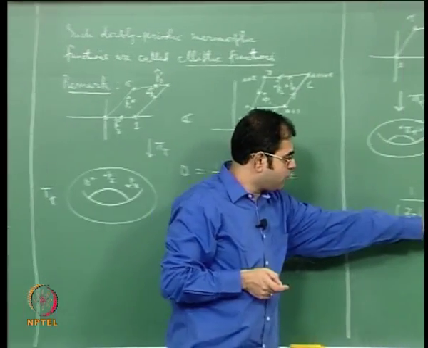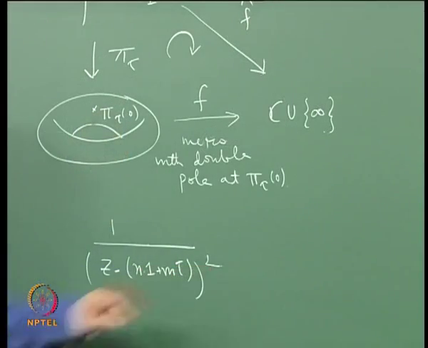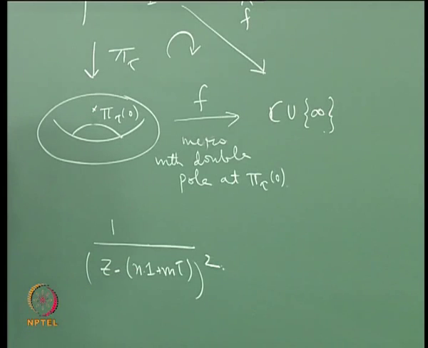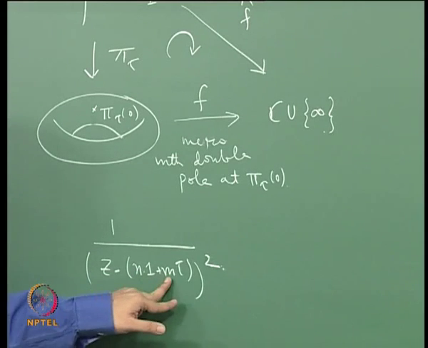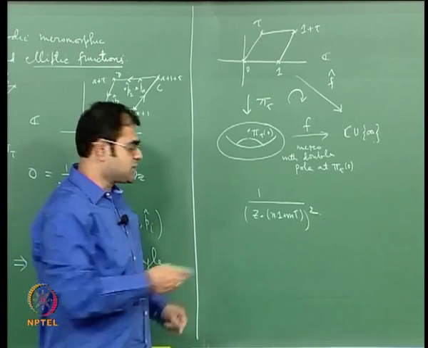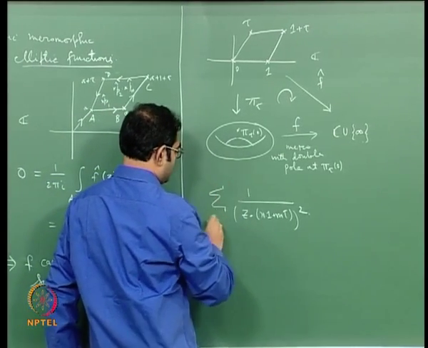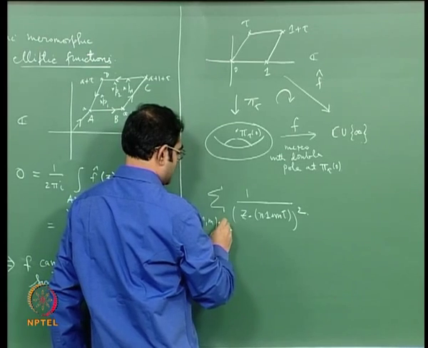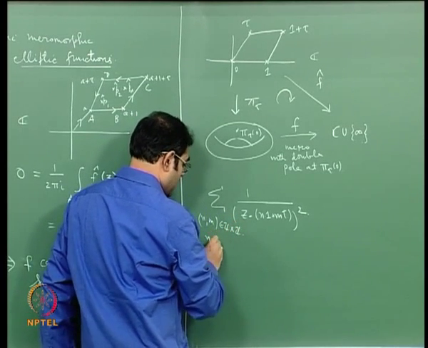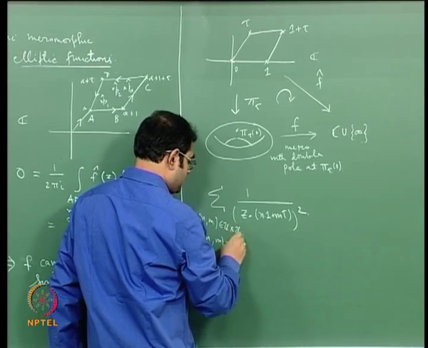So if I want a pole of order 2, I put a square, and this gives me a pole of order 2 at this lattice point. But then I want this to happen at every lattice point. So what I do is I sum this over n comma m integers, but of course I should not let n comma m equal 0 comma 0.